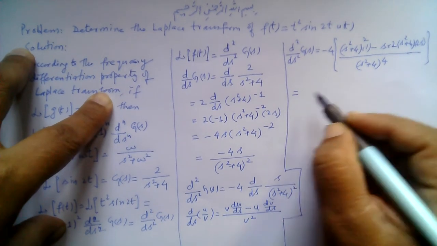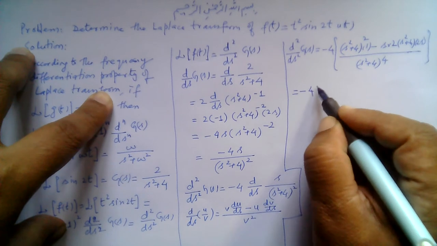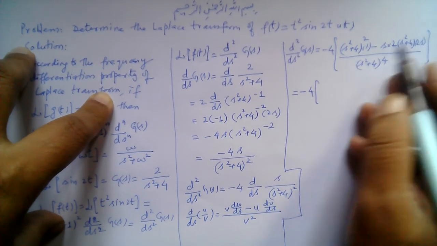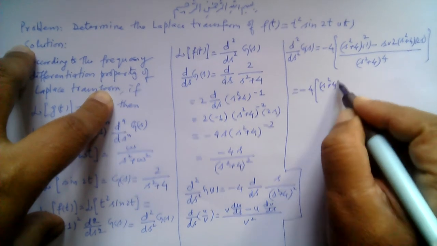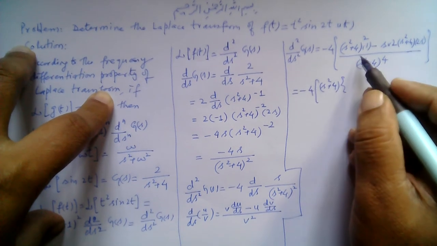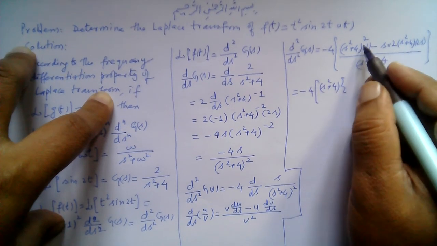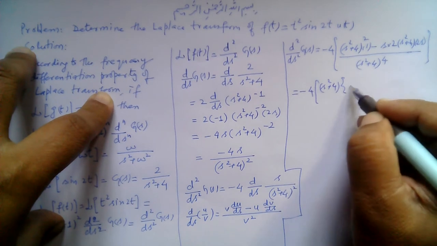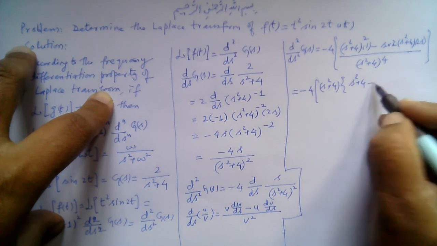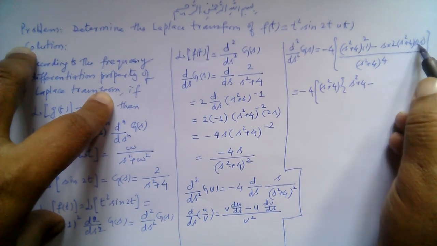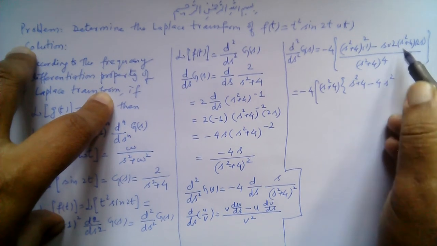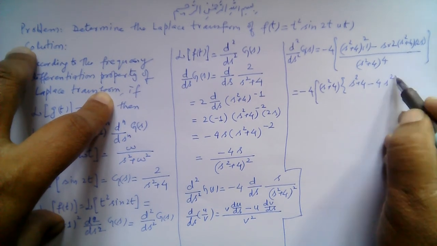So this is given by -4 common, right? We can take (s² + 4) common here also, and this will result in, this is squared, so one (s² + 4) is taken common, so we are left with another (s² + 4) here, minus 2s and 2s, so this is -4s², and this (s² + 4) is already taken common, right?